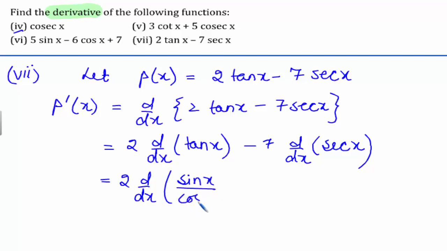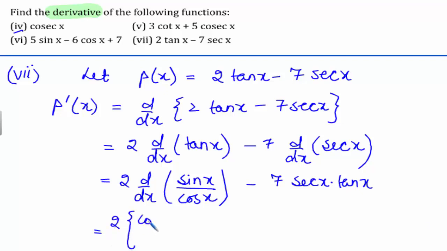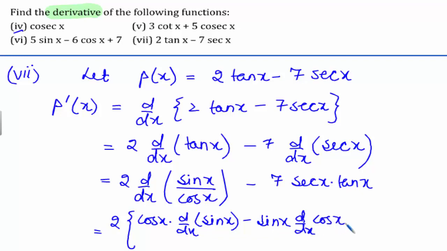Now let us find the derivative of sin x divided by cos x with the help of the quotient rule. So we have 2 times cos x into the derivative of sin x minus sin x into the derivative of cos x, divided by cos x whole square. Then we have minus 7 sec x into tan x.